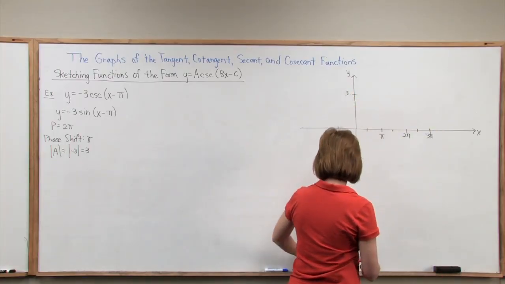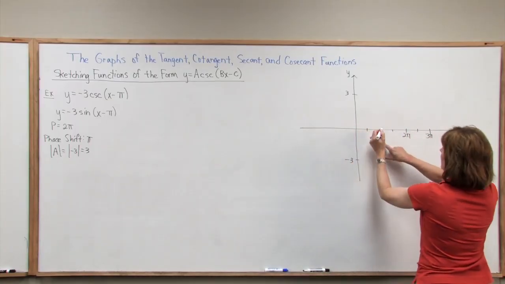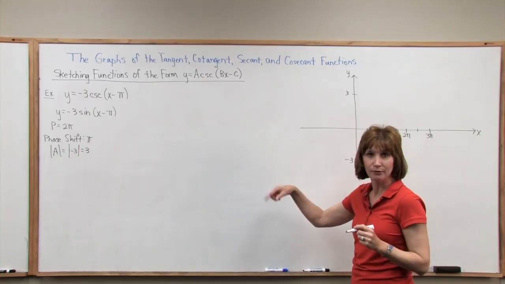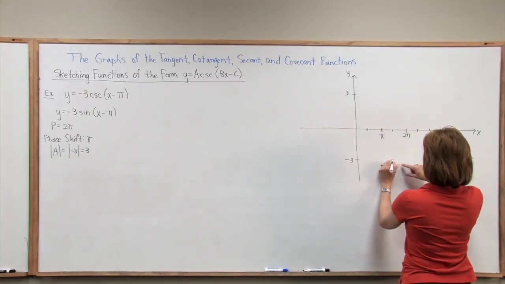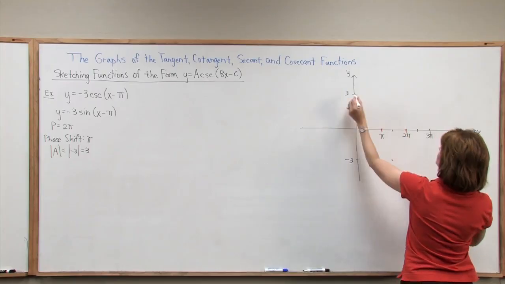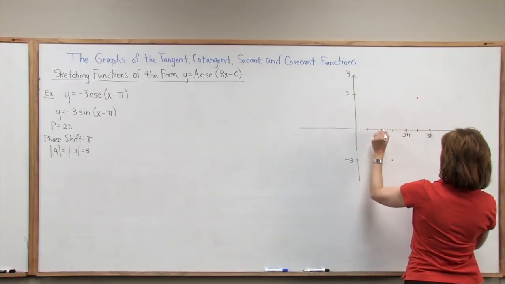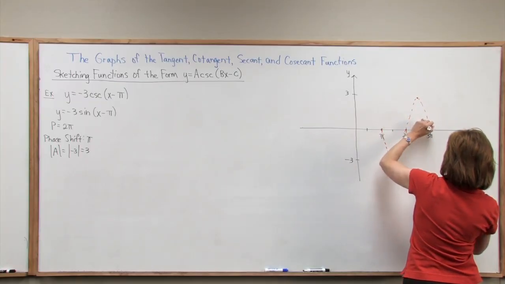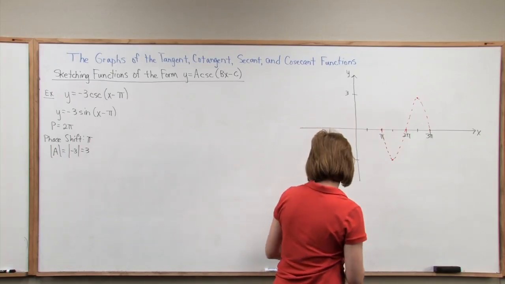Since the phase shift is pi, that means pi, 0 is going to be a point for the sine. And because a is negative, remember it's going to go down first. So at negative 3 pi over 2, it's down at negative 3, 0, up to 3, back down to 0. All right, so there's one cycle for the sine. Let's sketch another one.